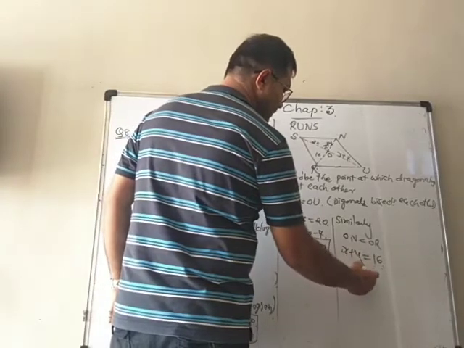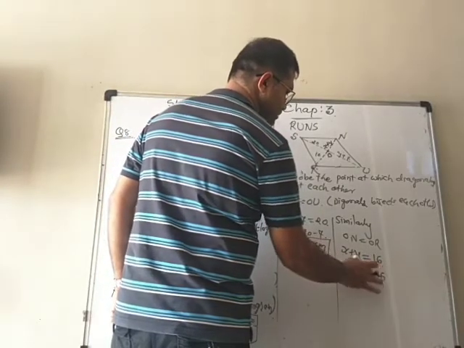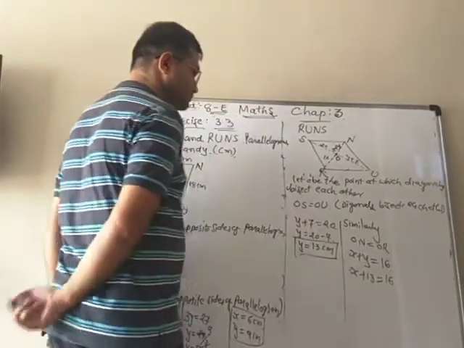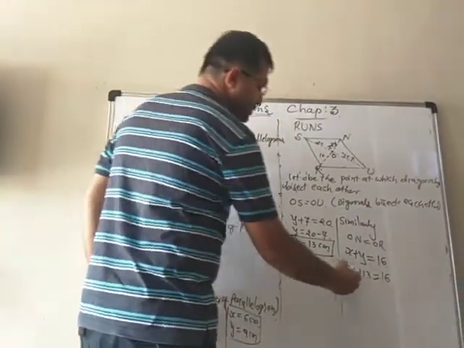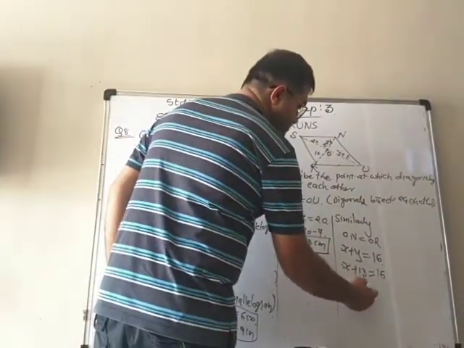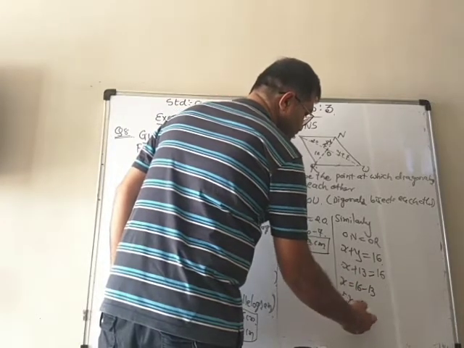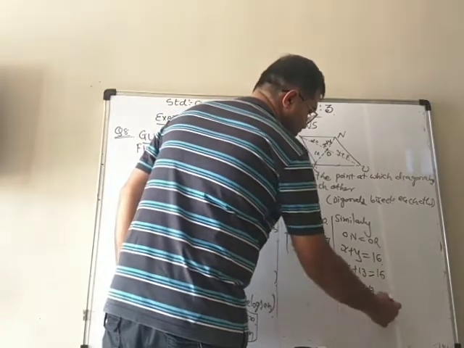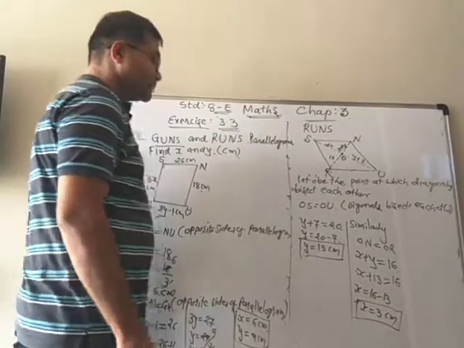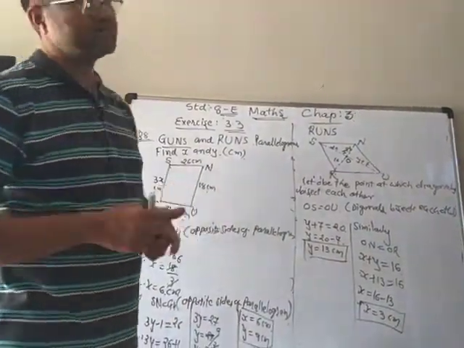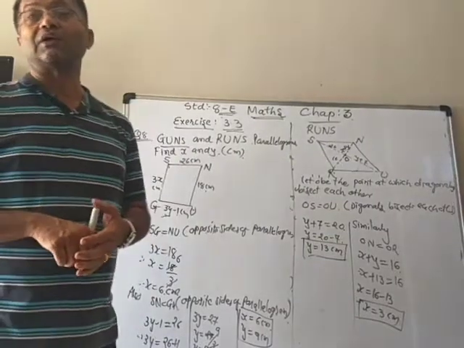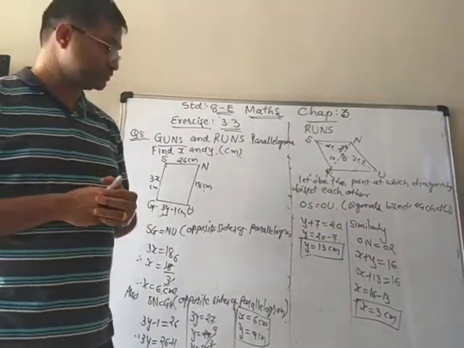So x plus 13 is equal to 16. Take 13 that side. So x is equal to 16 minus 13 is 3. So we get both the values again here also. X is equal to 3 centimeter and y is equal to 13 centimeter.